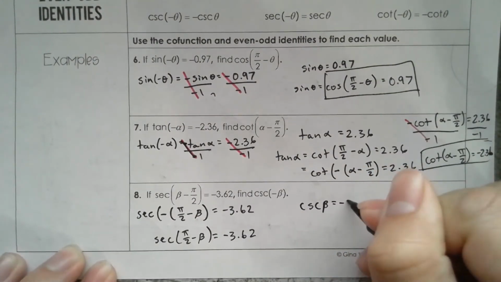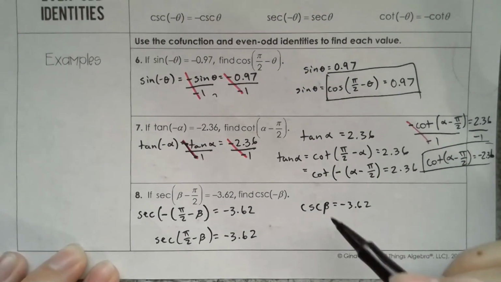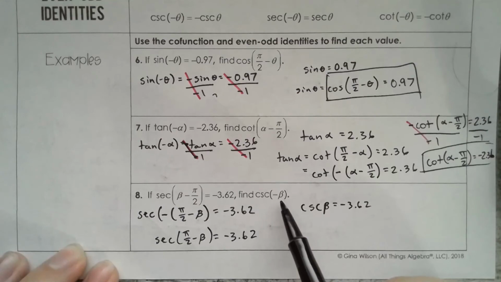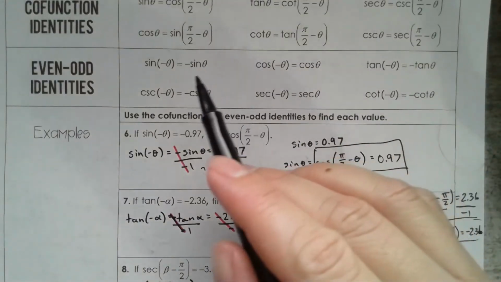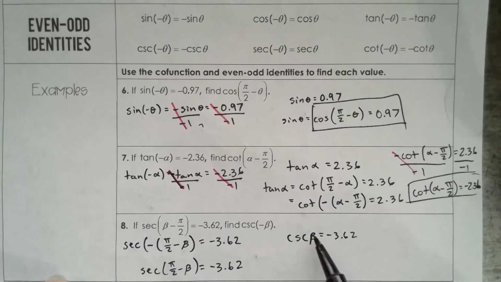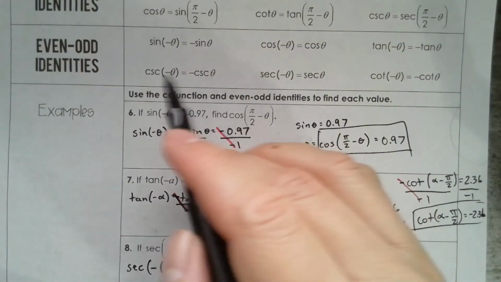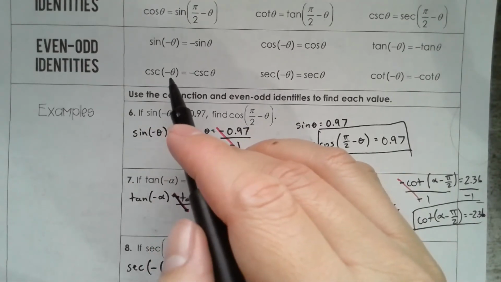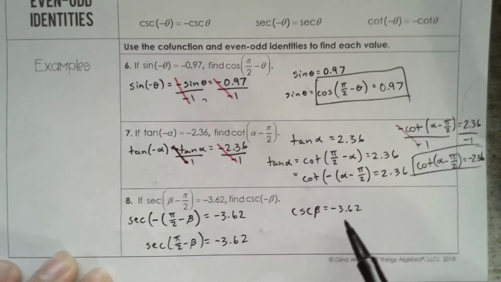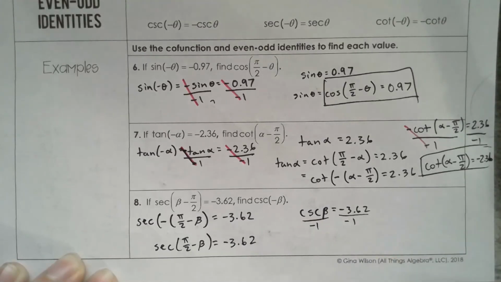Cool. I need cosecant of negative beta. Going back here, I have cosecant beta is this. Negative cosecant theta is cosecant of negative angle theta. So what I'll do is divide both sides by a negative. What that allows me to do is transfer the negative to the left side.